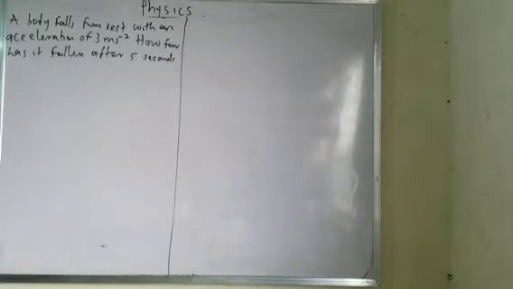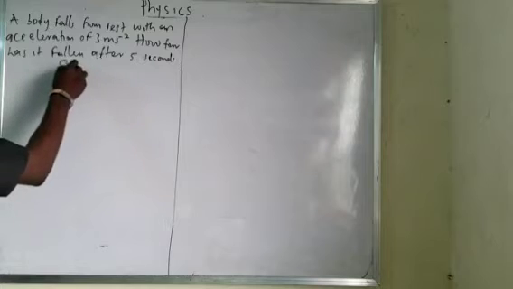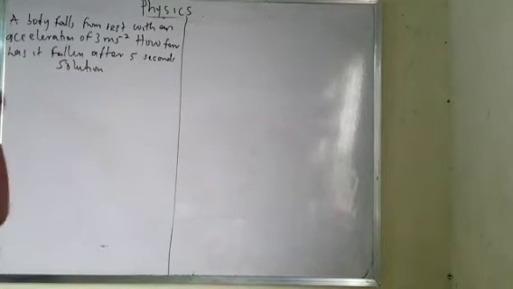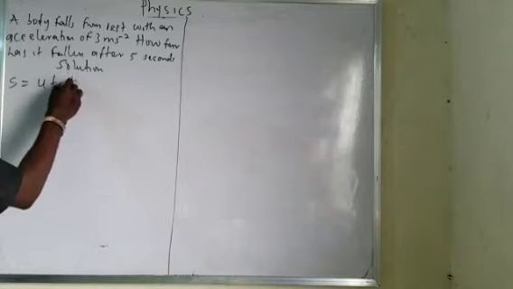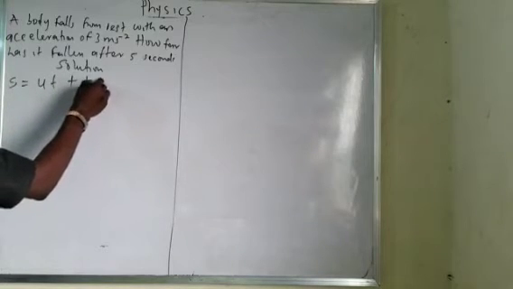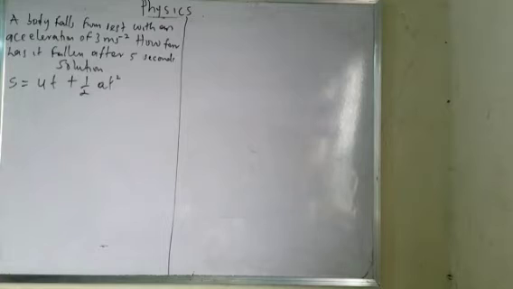Now, how far has it fallen in 5 seconds? What you just need to do now is the solution: x equals ut plus 1 over 2 at squared. Please take note of that.